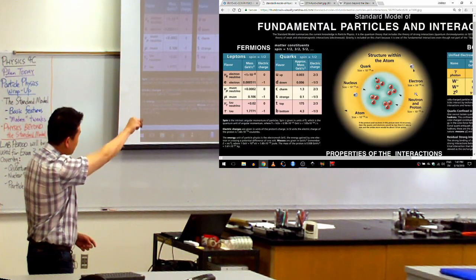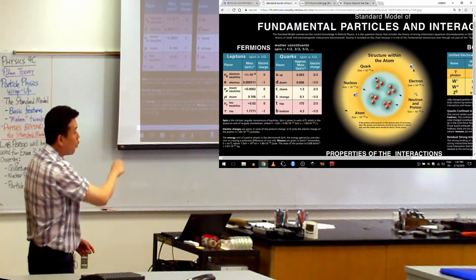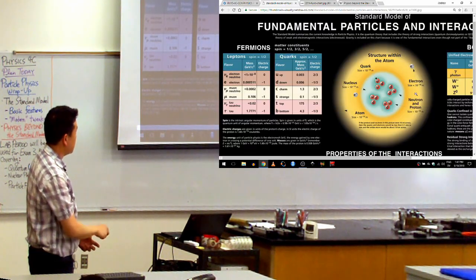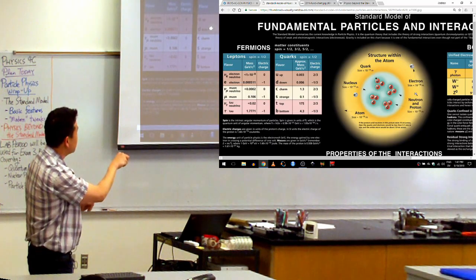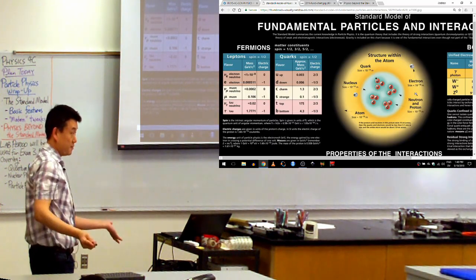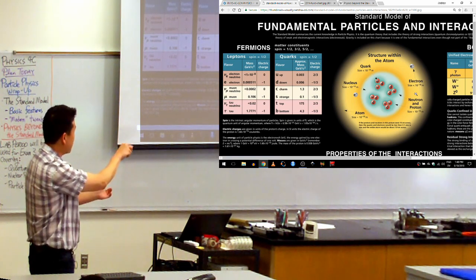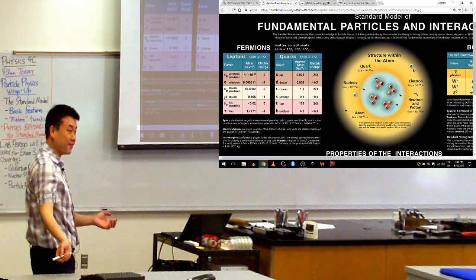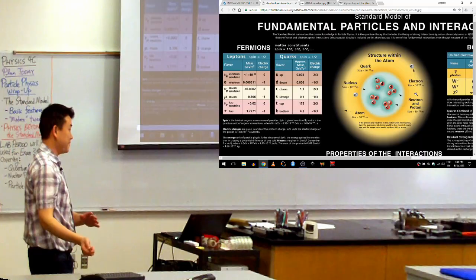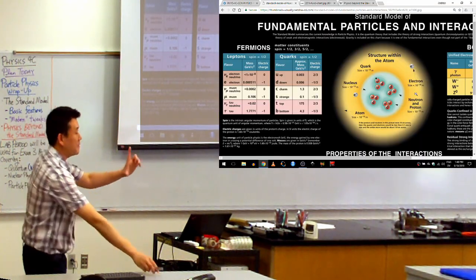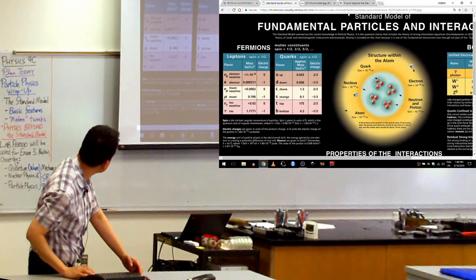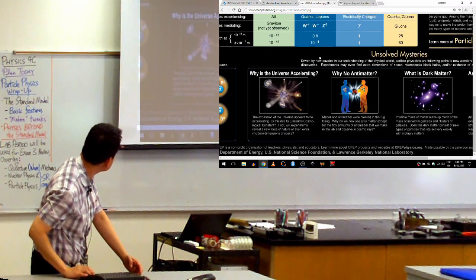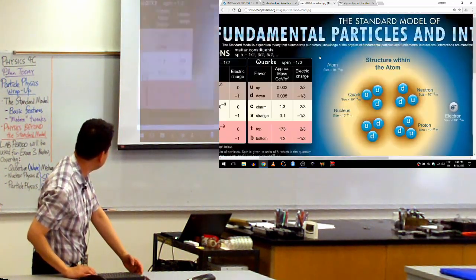These generations of quarks, this is kind of an oversimplification because the distinction of something as up and down quark, it's according to the strong interaction. And the distinction of up and down quarks according to the weak interaction, they are not the same distinction. It's like having 2 different axes. They are rotated relative to each other. So I think the new poster might indicate that. So this is the newest version of that poster.